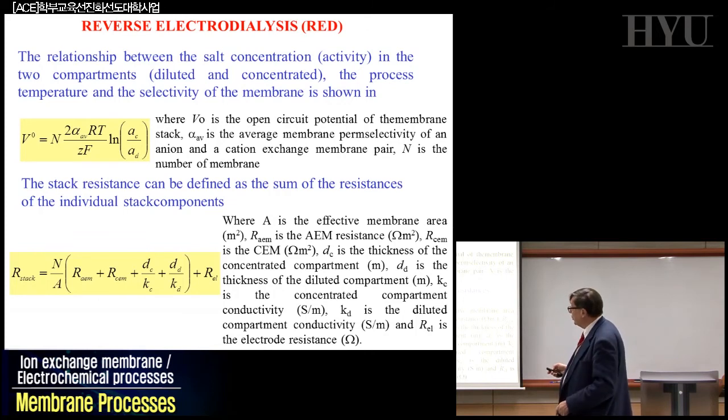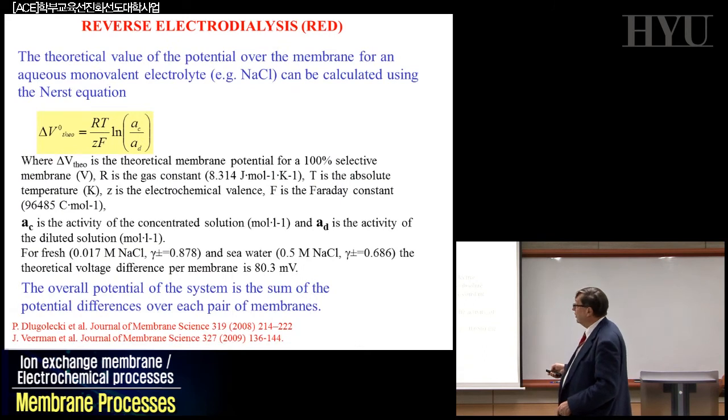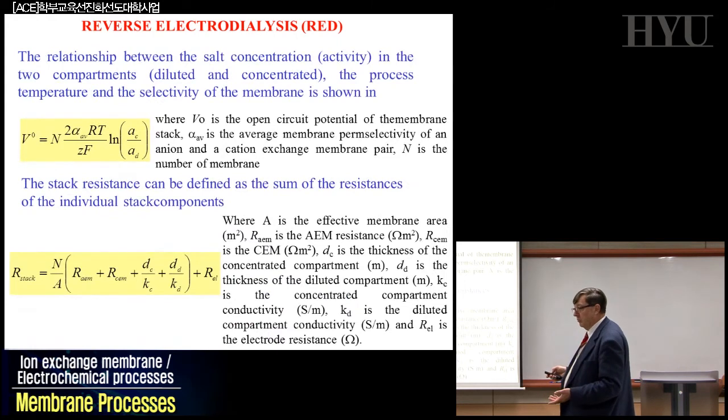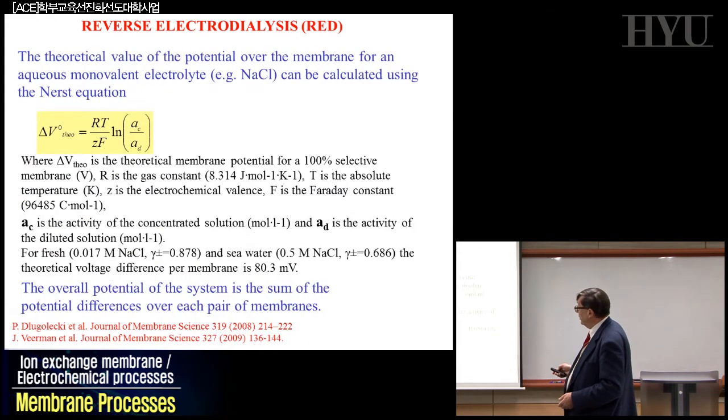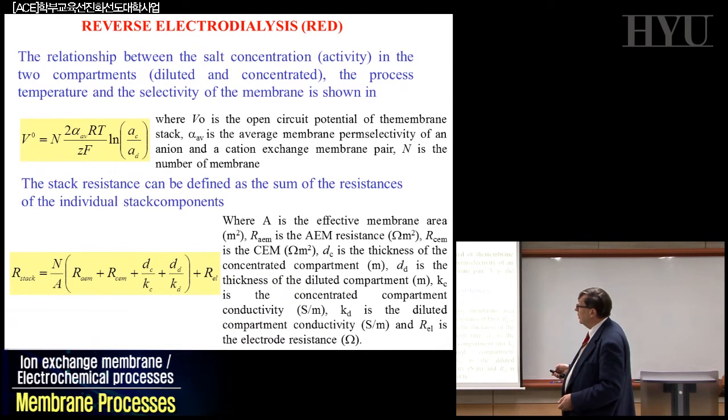In the previous equation we were expressing this term assuming that the membranes are ideal, with transport number 1 for cations or anions. If you want to be more realistic, you have to correct the equation, introducing this term here, the average membrane permselectivity of a cation in your system. All the other terms are the same, but this is making the process more reliable, more real.